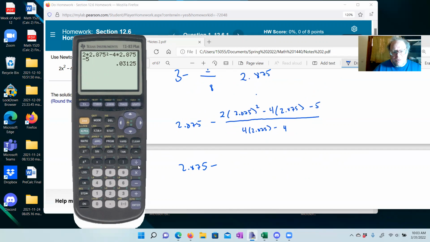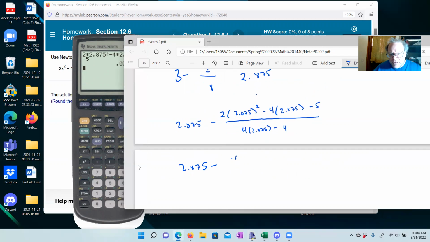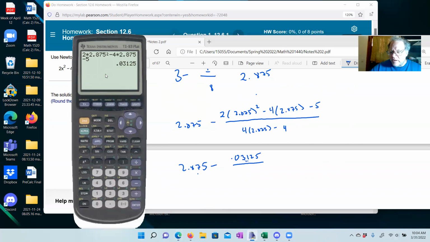So that was 0.03125. You see, if I just plug this in, we get 0.03125. So to 2 decimal places, this is already close to 0. And then we have 4 times 2.875 minus 4.